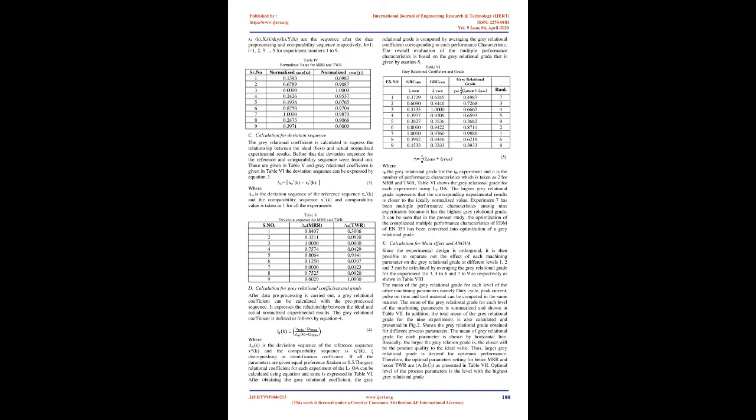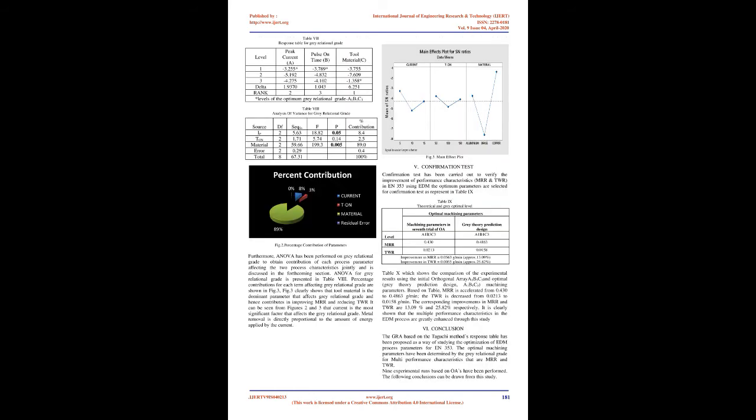D. Calculation for Gray relational coefficient and grade. After data pre-processing is carried out, a Gray relational coefficient can be calculated with the pre-processed sequence. It expresses the relationship between the ideal and actual normalized experimental results.